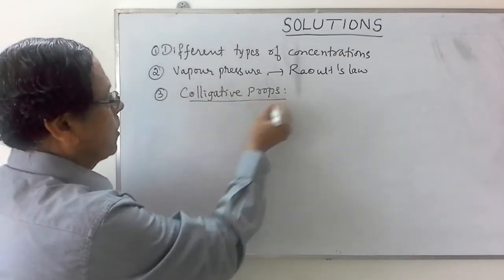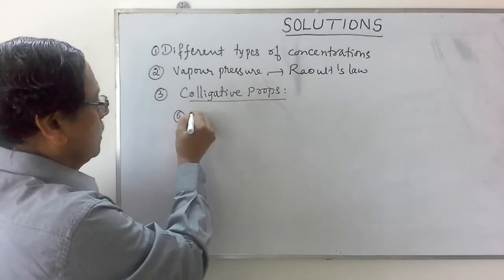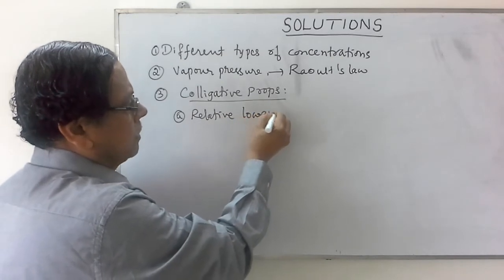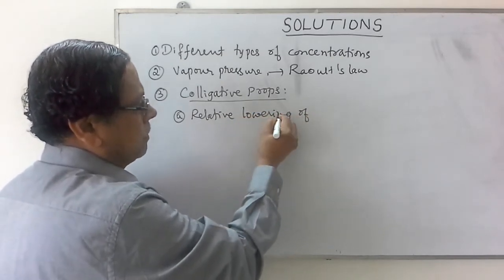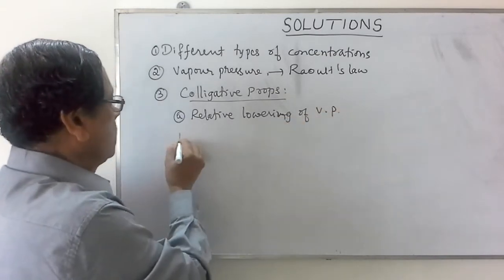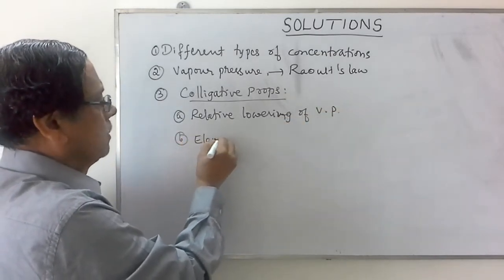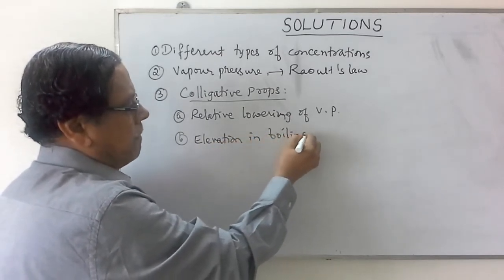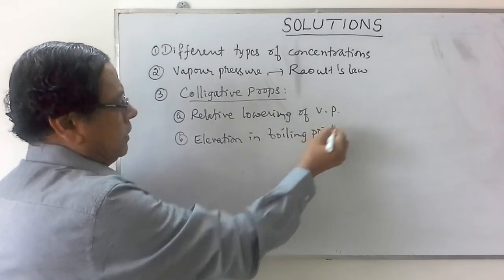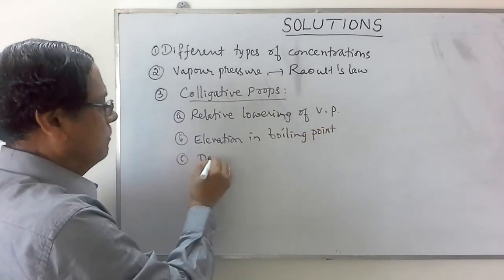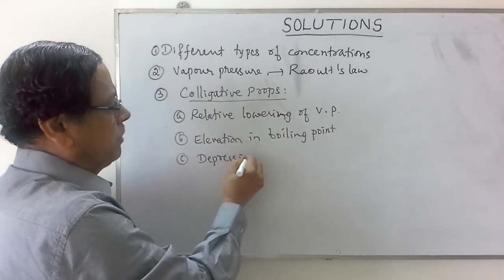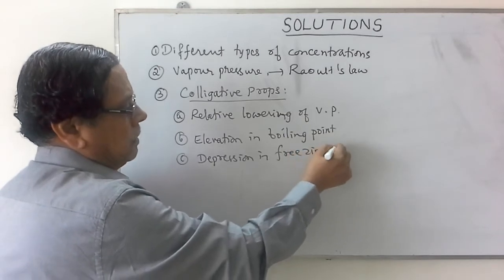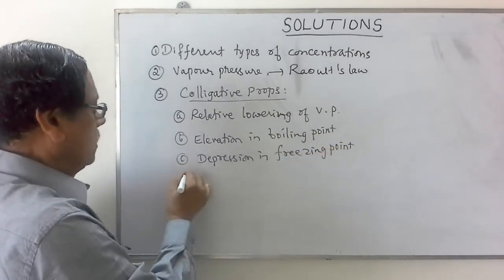So under these colligative properties, we study the topic relative lowering of vapor pressure, then elevation in boiling point, then the third one, depression in freezing point, the last one is the osmotic pressure.